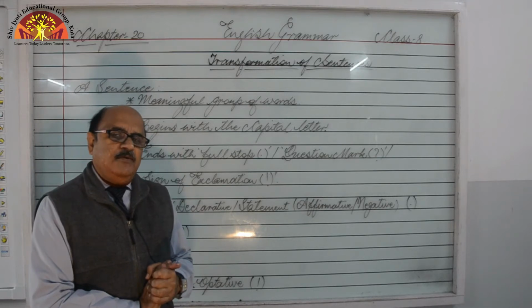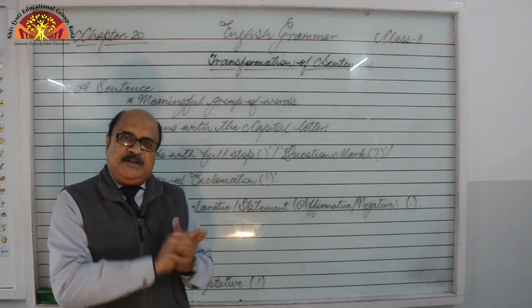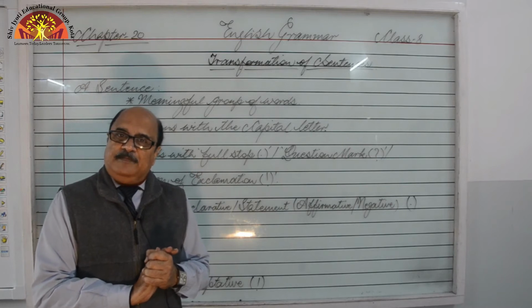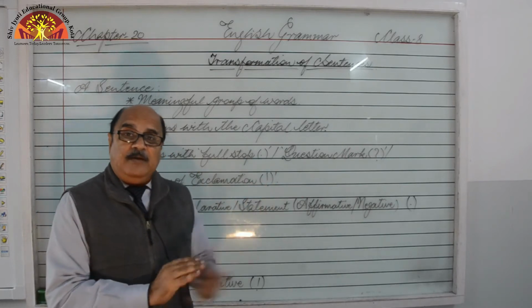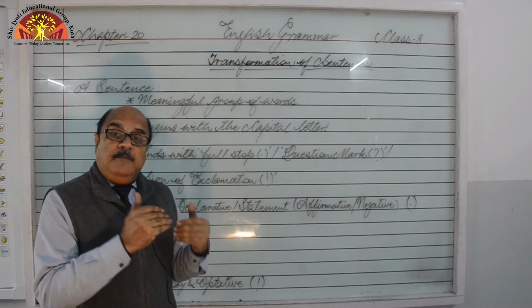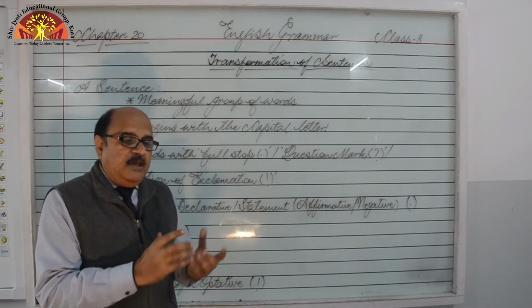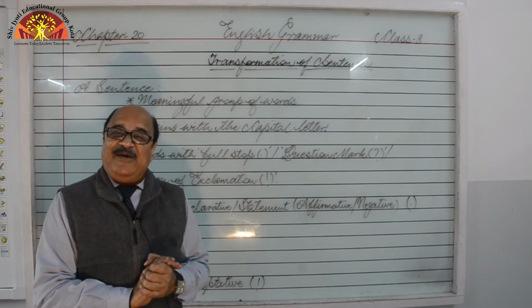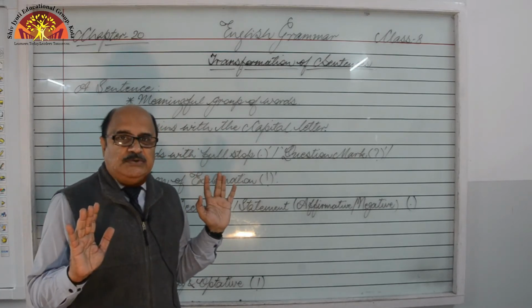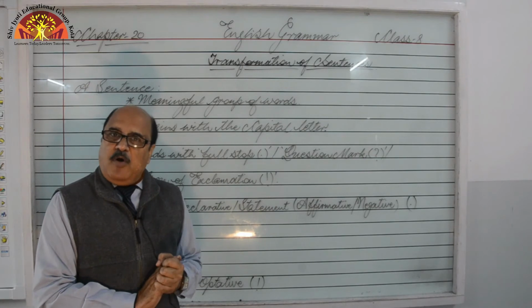There are so many ways. For example, with the same sentence, he is a good boy, we can change the word into its opposite form, means he is not a bad boy.